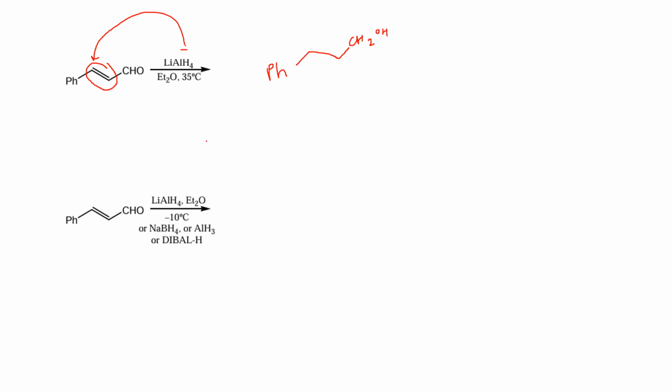But if you perform the reaction at low temperature or with any other reducing agent like DIBAL-H or NaBH4, in that case this double bond remains unreacted, and we specifically get this carbonyl reduction.